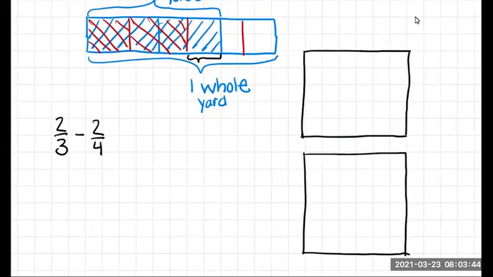So one thing that we notice about 2/4, you might notice that 2/4 is equal to 1/2. So you could also solve the problem where you do 2/3 minus 1/2, and that would be acceptable for your area models as well, if you want to do that. And that answer will be the same. I'm going to use 2/3 minus 1/2.